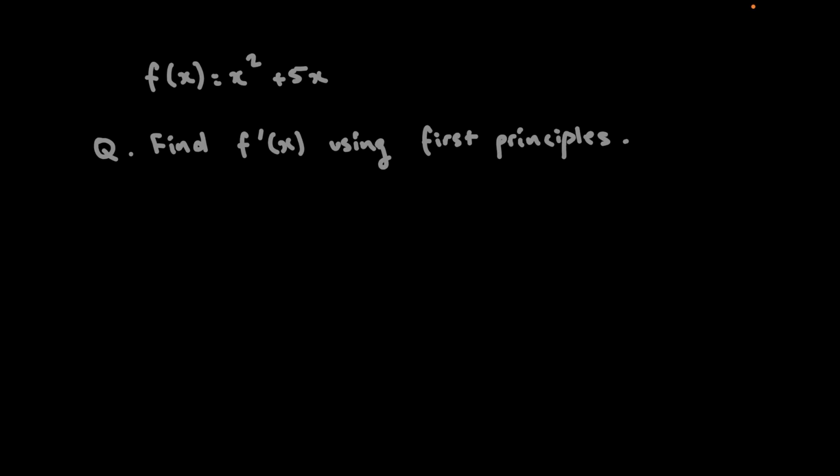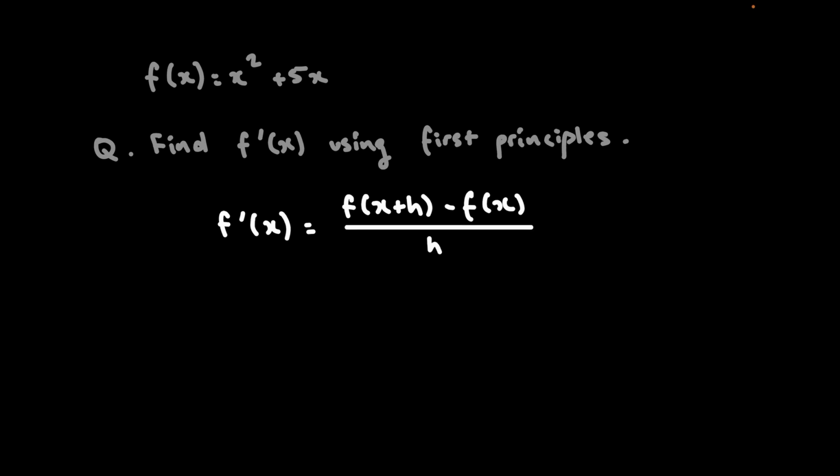Okay, in today's video, we're going to be looking at how to differentiate using first principles. For those of you who've done this before, you would recognize that the formula to work out the derivative of a function using first principles is simply f dash x, i.e. the derivative of f of x, is equal to f of x plus h minus f of x divided by h.